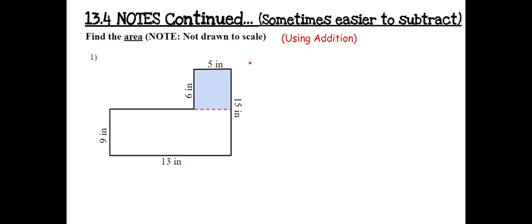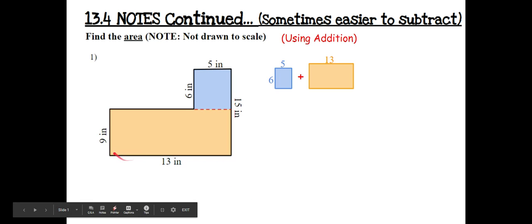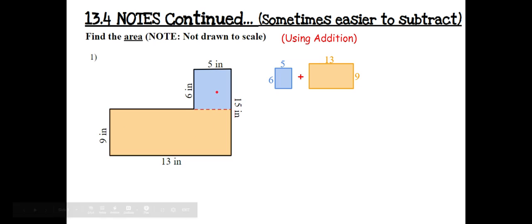So that top blue rectangle and that bottom orange rectangle, if we add those two together, the top blue, which is 5 by 6, and that bottom orange rectangle, which is 13 by 9, I'll get my total area of this composite shape, which looks kind of like an L.